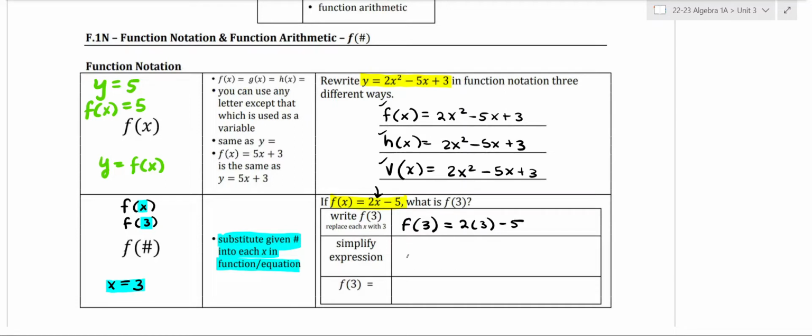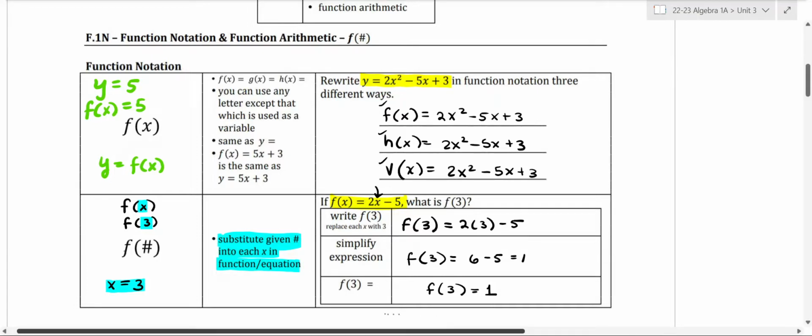And then we simplify the expression, right? 2 times 3 is 6. 6 minus 5 is 1. So the final answer is f of 3 equals 1. And you can write this as an ordered pair. Yes, we're going above and beyond. And x is 3, and the y value is 1.